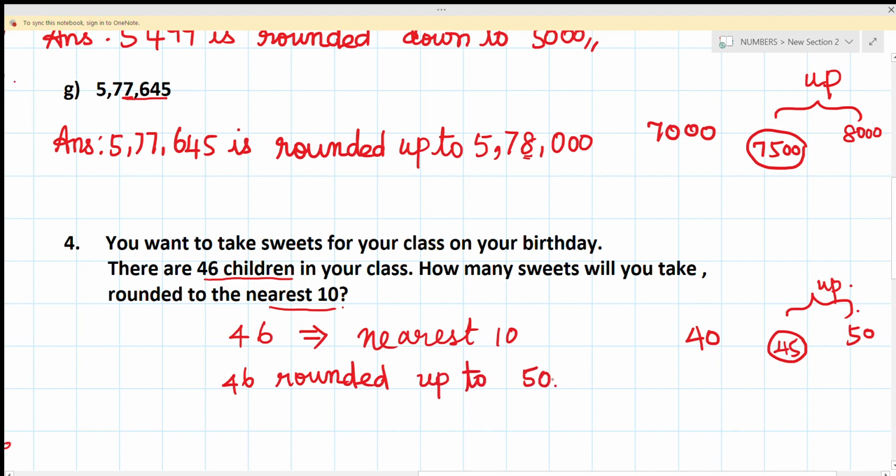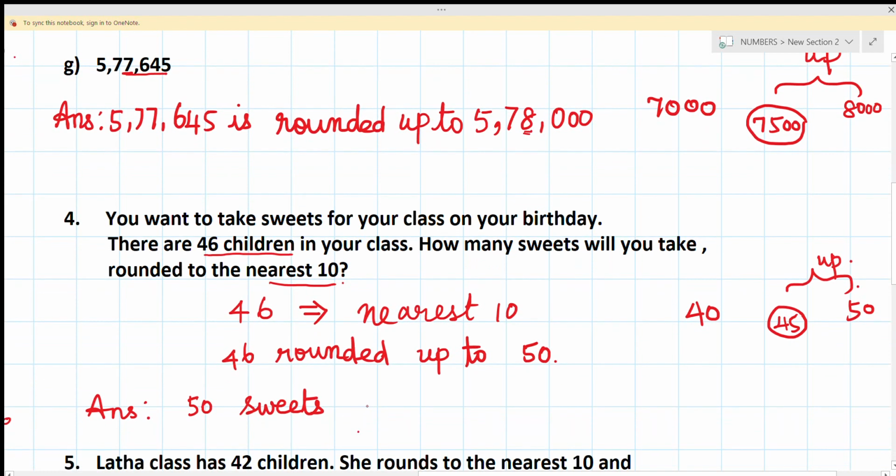So now how many sweets do you have to take to your class? Yes, you have to take 50 sweets. You have to take 50 sweets to your class.